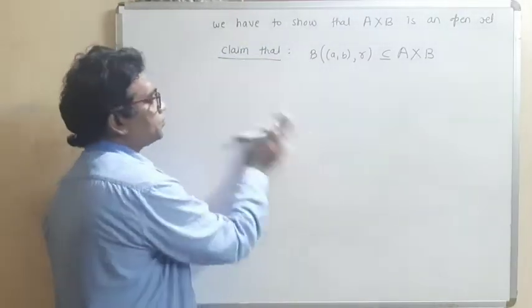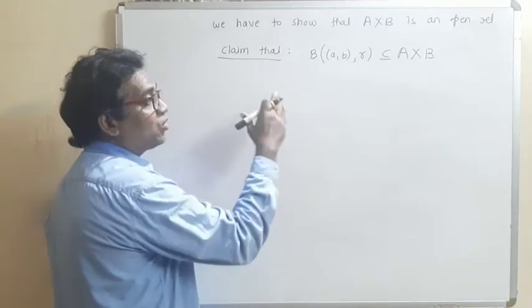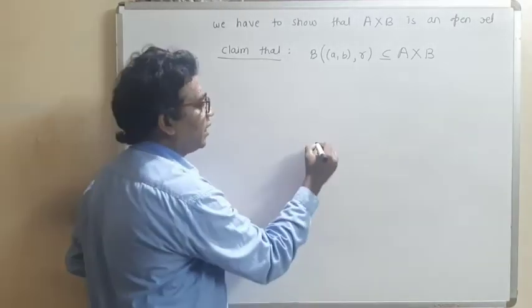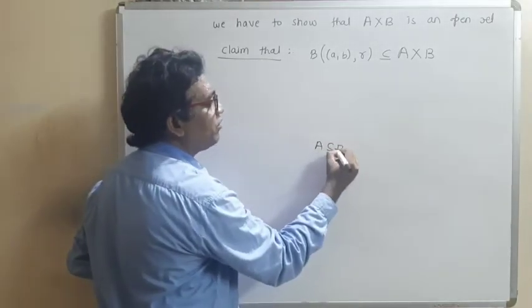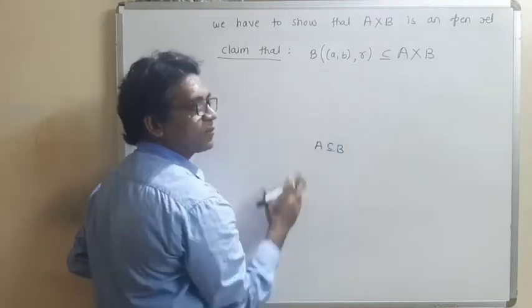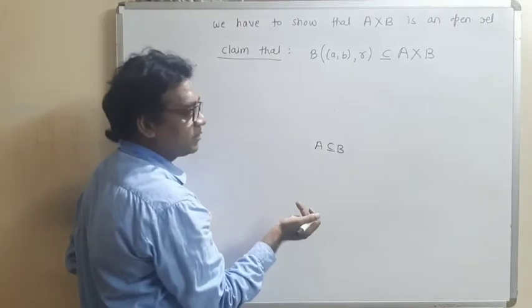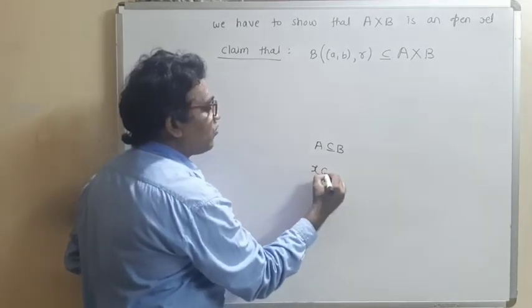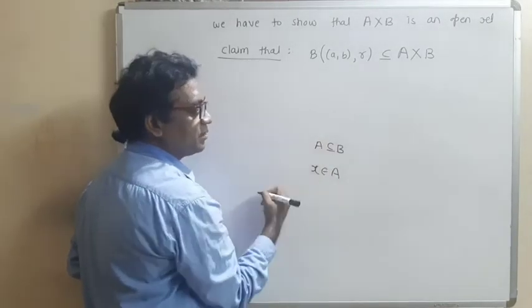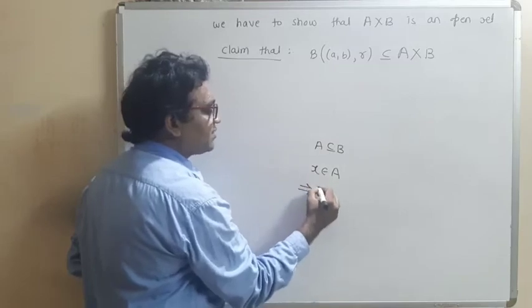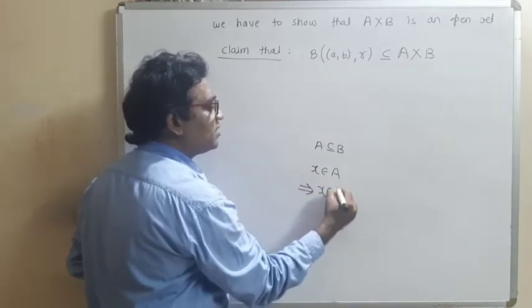Now see, how to show a subset. A is a subset of B. We want to show that this is a subset of that set. So how to show a subset? What is the technique for showing a subset? Let us take one element from the first set and show that the same element is present in the second set.